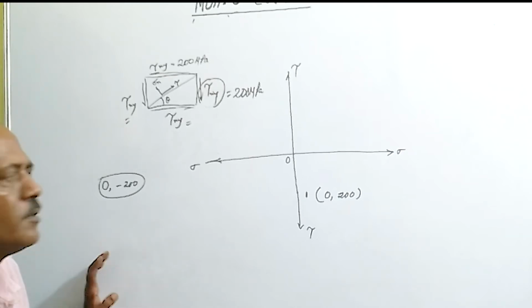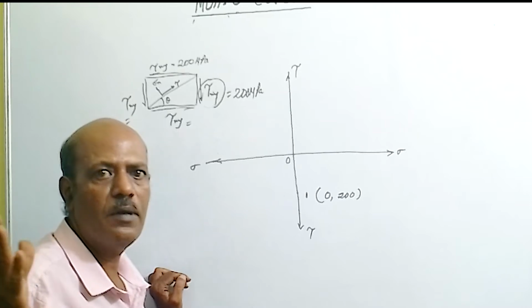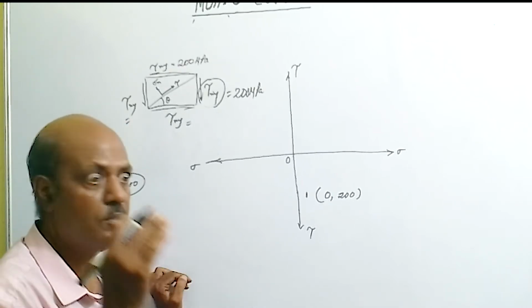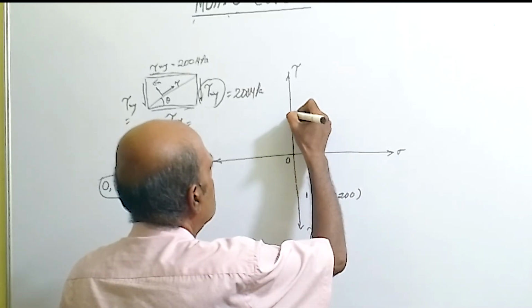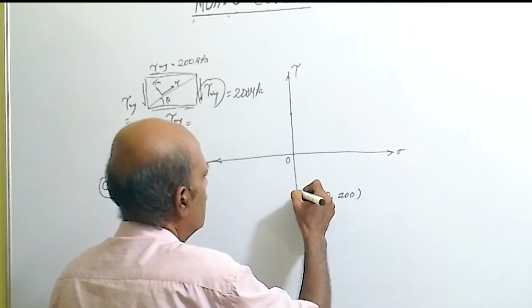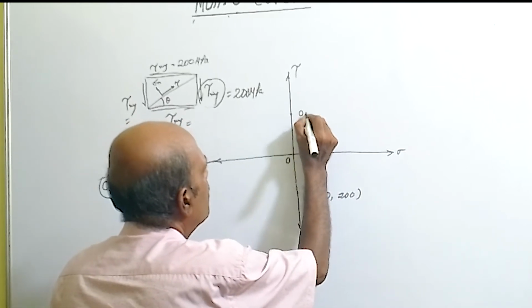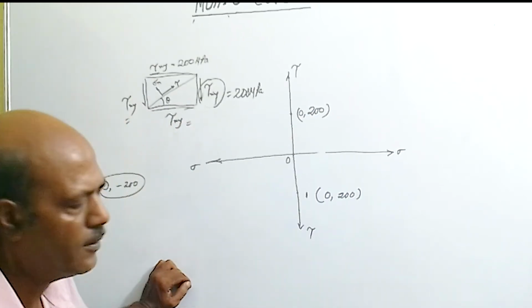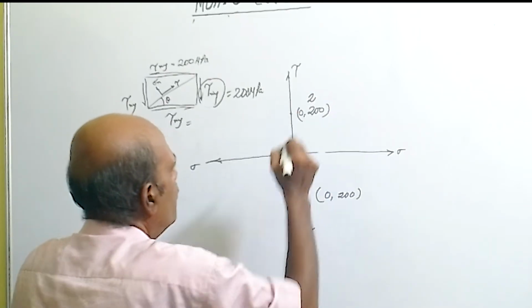Go to y phase. On the y phase, the stress condition is sigma y value is 0 and tau value is plus 200. So this distance and this distance will be equal because both are 200. So 0, 200. We have marked these 2 points, point 1 and point 2.